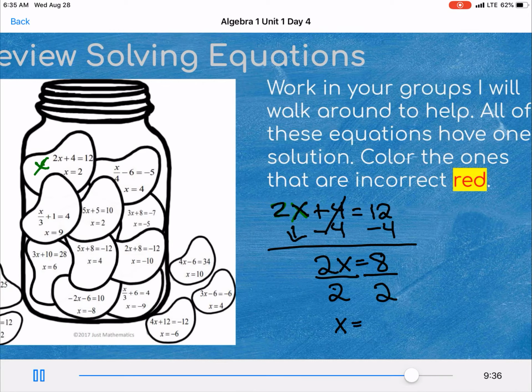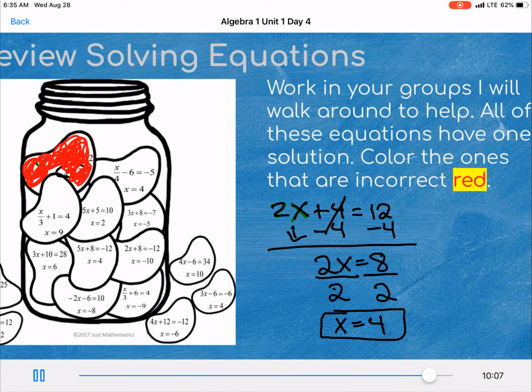So x is equal to 4. That's the answer. And as you see, that's not the same answer we have right here. So it means that one is wrong. And since that one is wrong, I'm gonna color it in red.